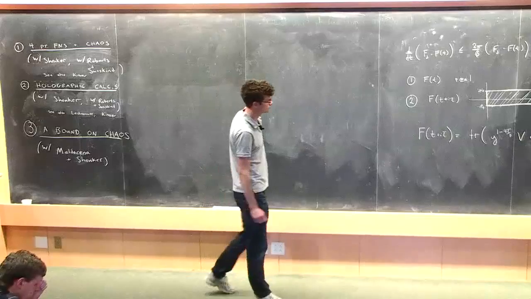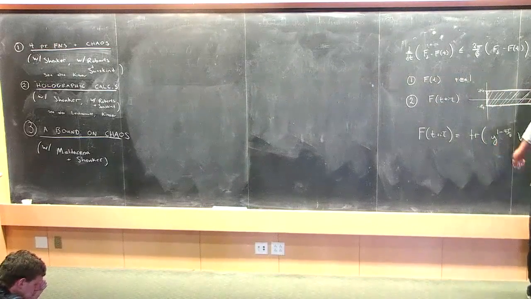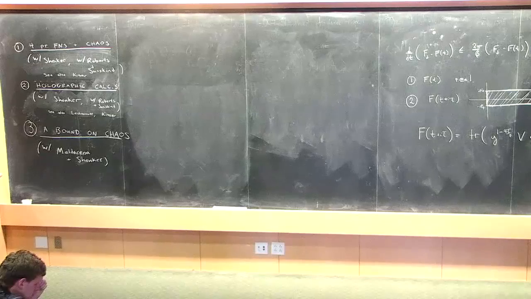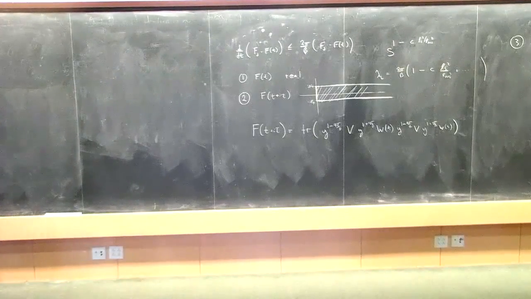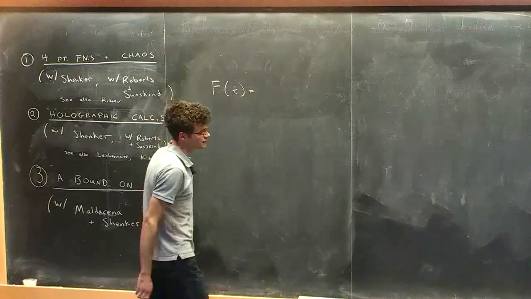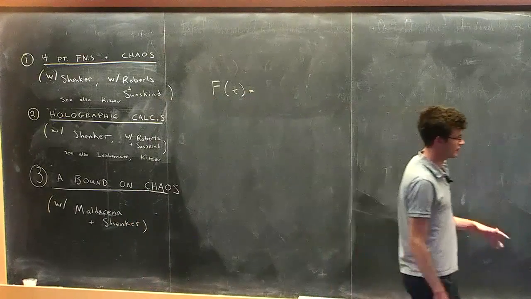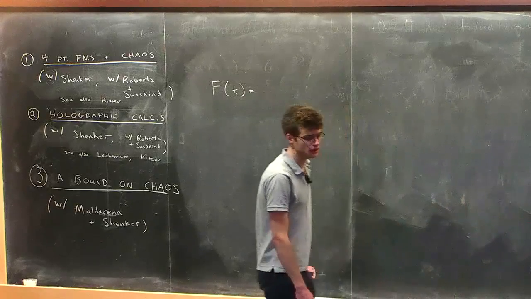So on general grounds, f of t should be given by the sum of the disconnected two-point functions plus something that's order 1 over n squared.